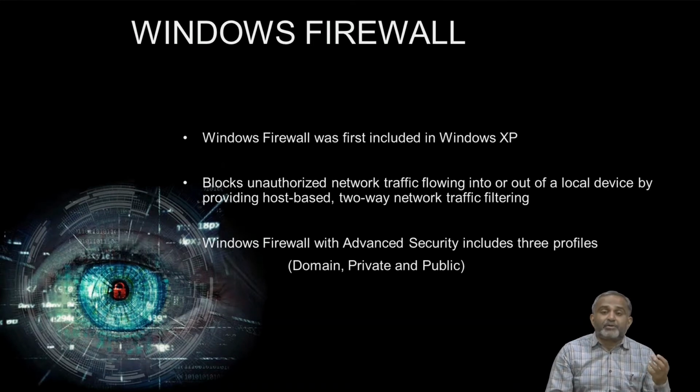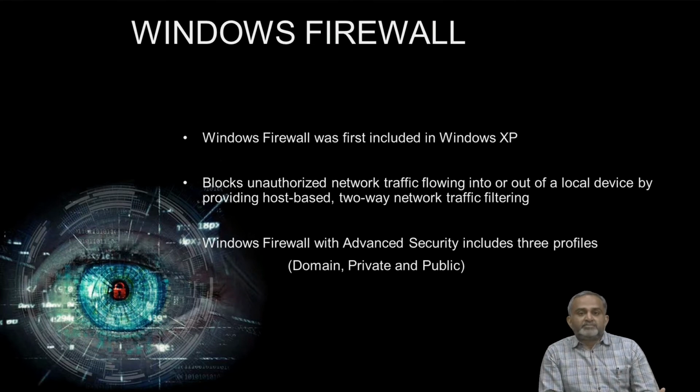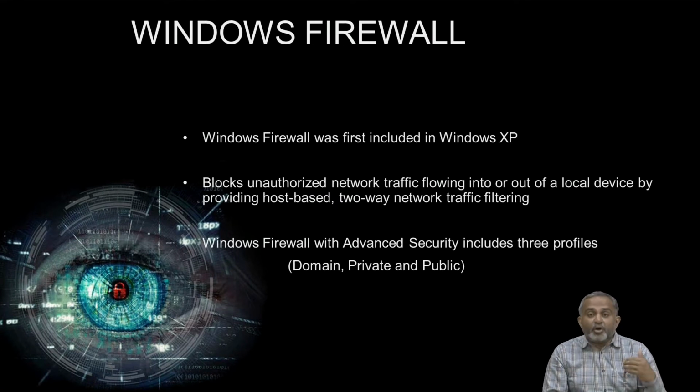It is also natural that they access an outside network from their home or from their trusted places. So in that situation, there are three inbuilt profiles available, and these three are domain, private and public.